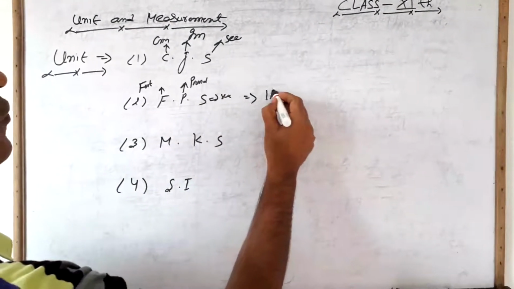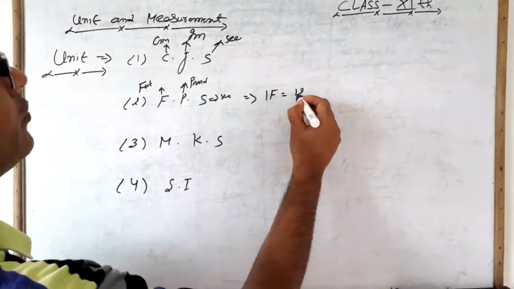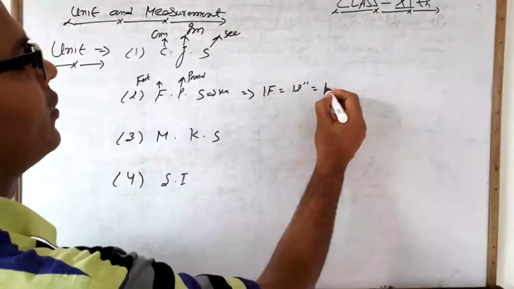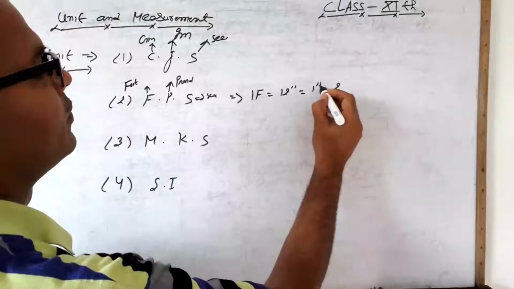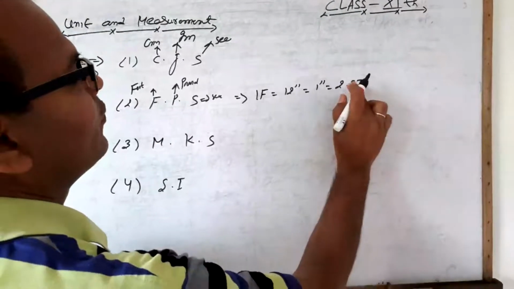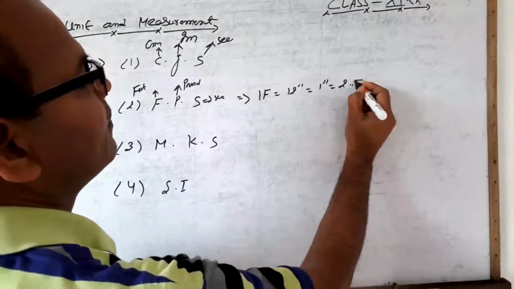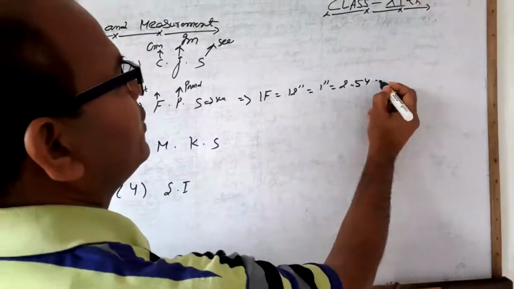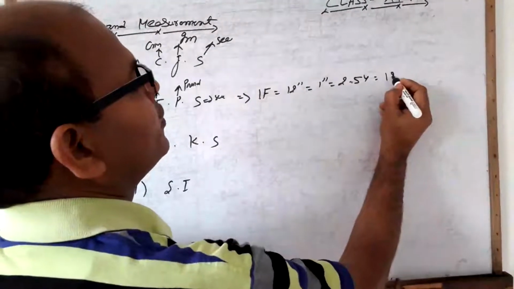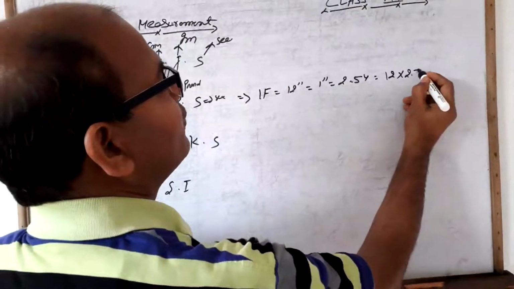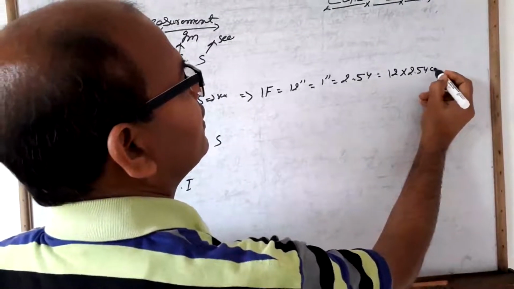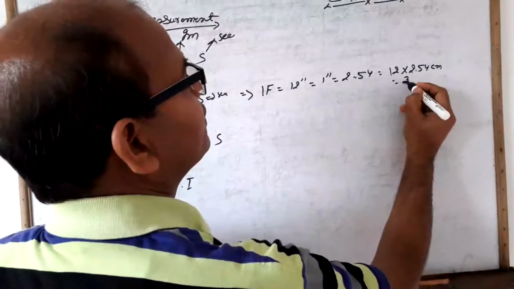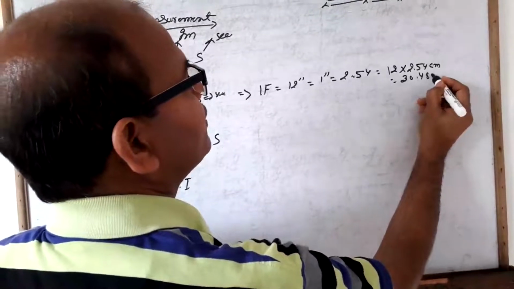1 foot equals 12 inch, and 1 inch equals 2.54 centimeter. So it becomes 12 into 2.54 centimeter, which equals 30.48 centimeter.